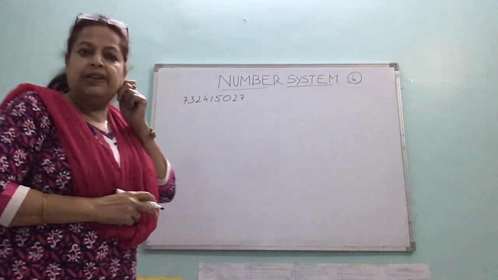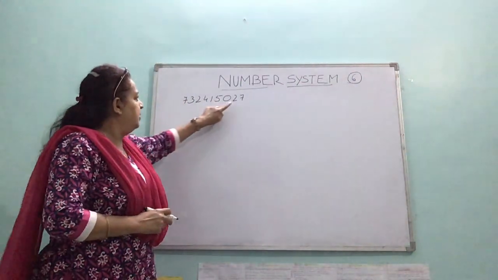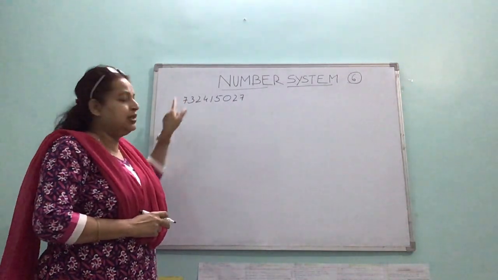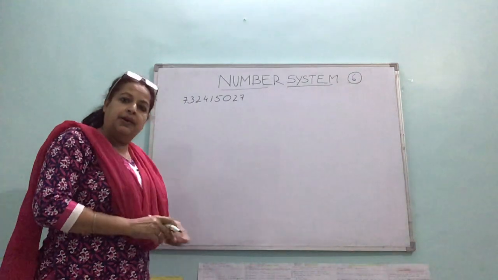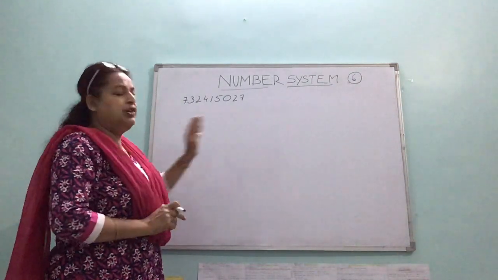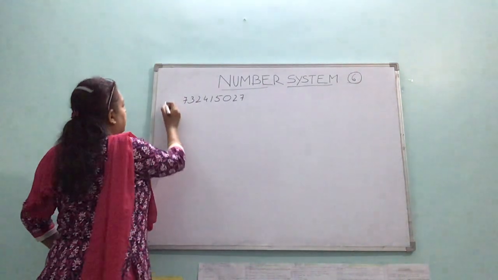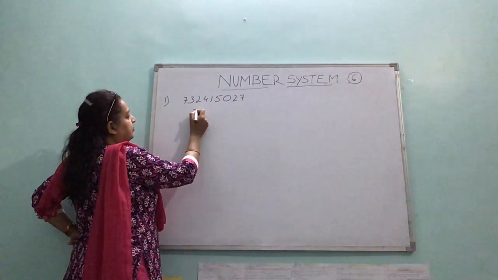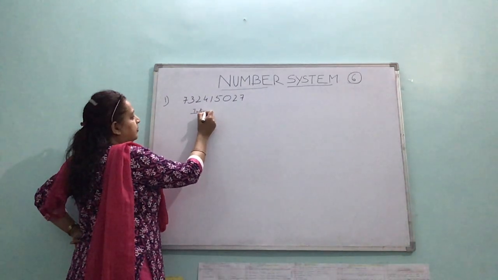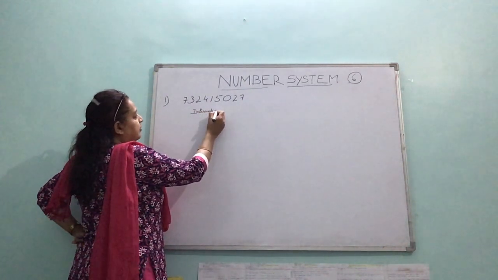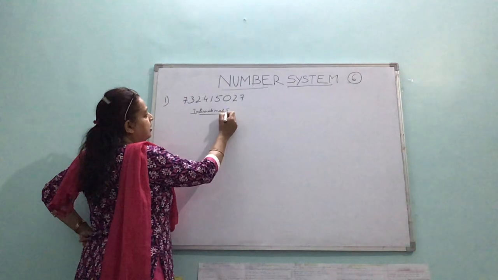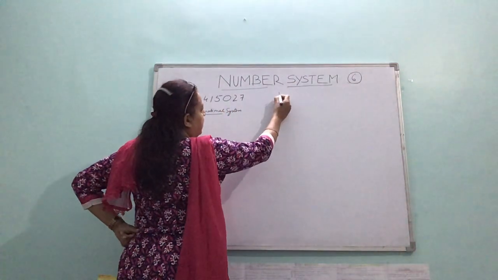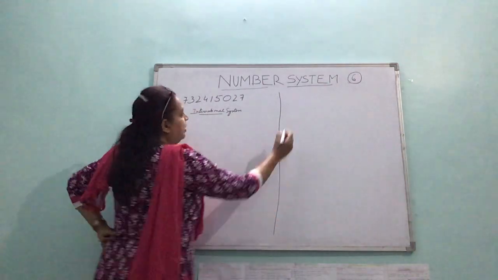And I have to write this numeral with commas in the international system and in the Indian system, and the number names in both the international and Indian systems. This is first. So in the international system, and side by side the Indian system.